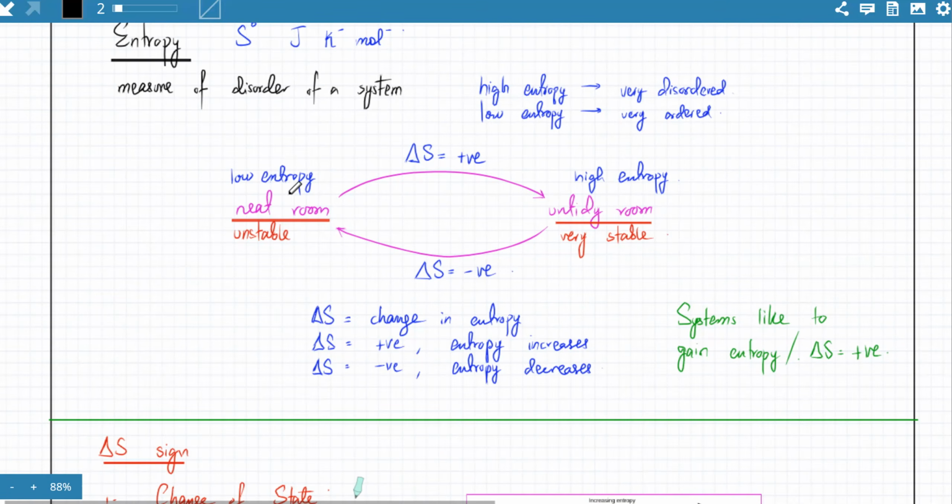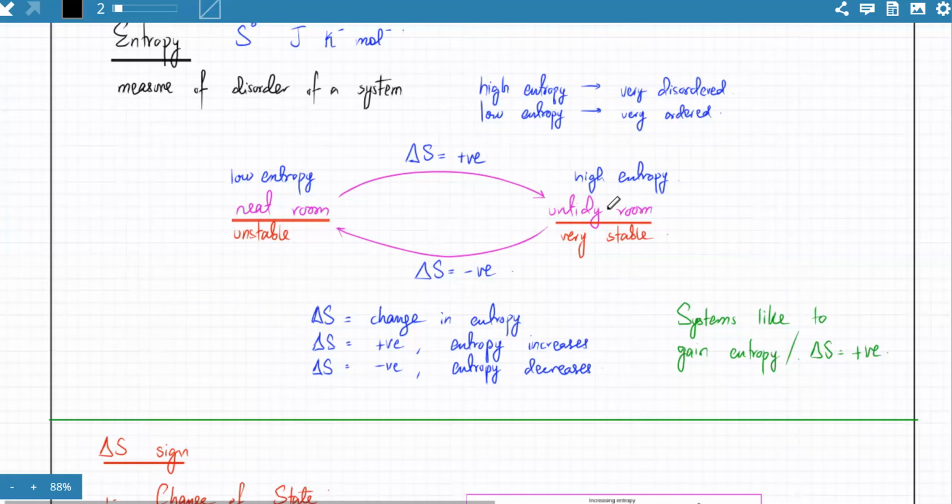Your room would eventually move towards a high entropy state. Things like to go towards high entropy states. Low entropy states are very unstable. You buy a brand new car, maintaining it in that low entropy state is kind of difficult. It would eventually move to a high entropy state. It's going to become an old car, and it's going to break down. Overall, it's going to become more disordered.